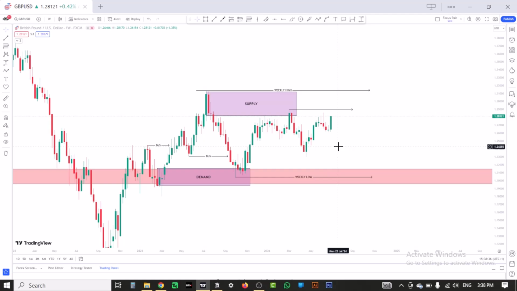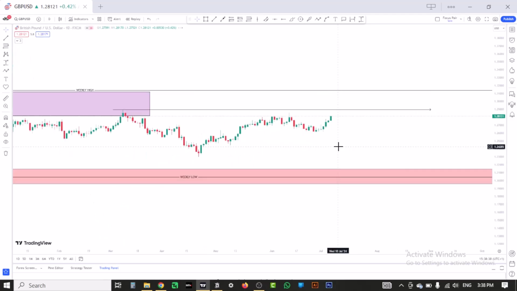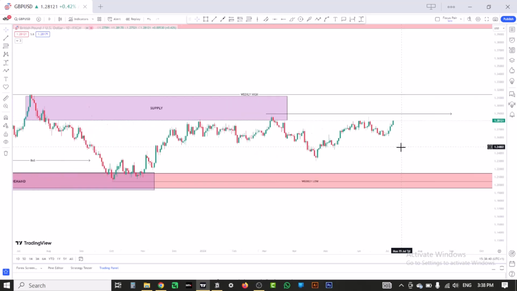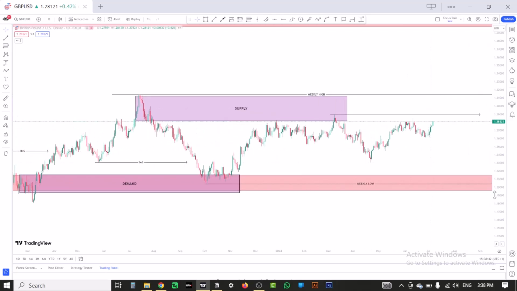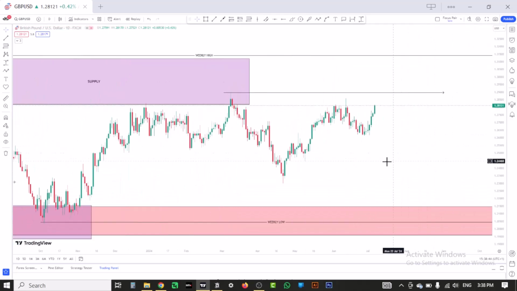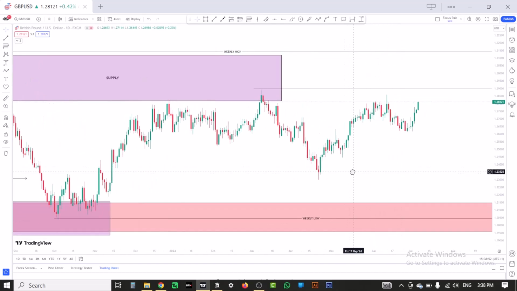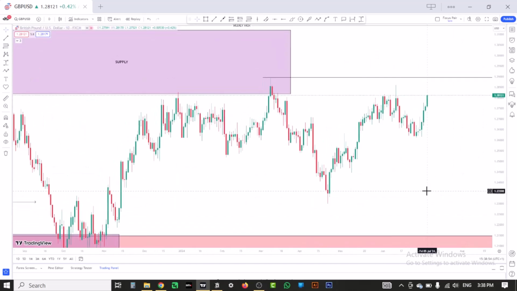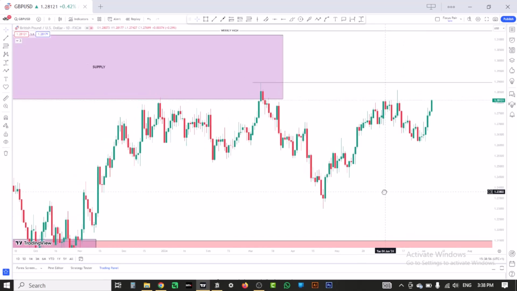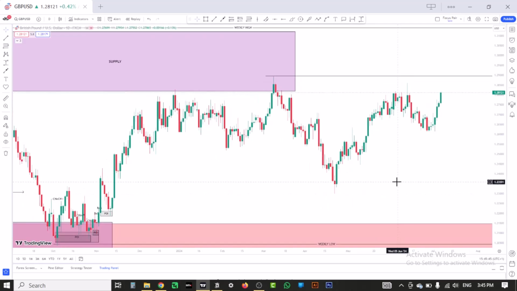So let's go down to the daily time frame to see what we can deal with for the day, for the week. What I just showed can take months before it manifests, but on the daily time frame we are very close to maybe seeing something happen in the following weeks, maybe next week or two weeks to come.